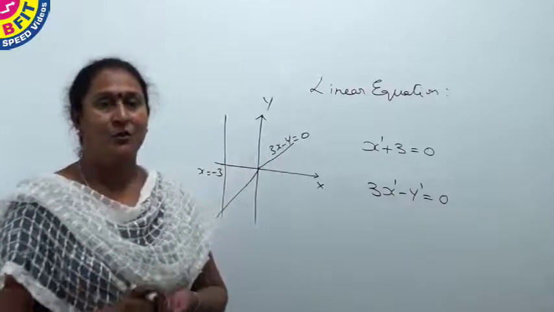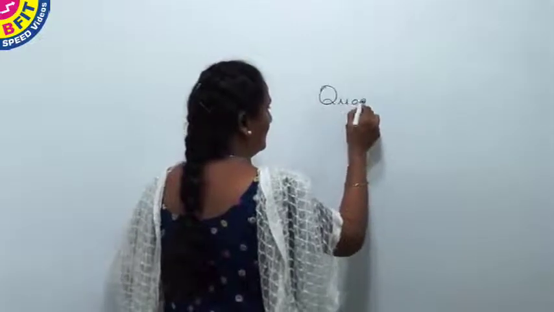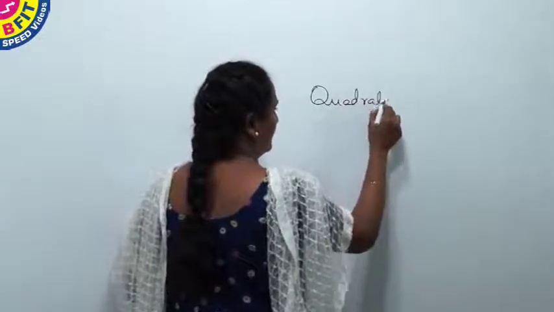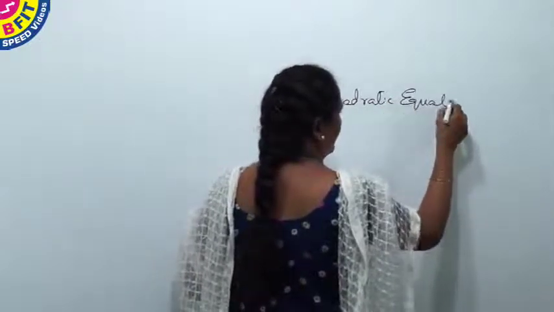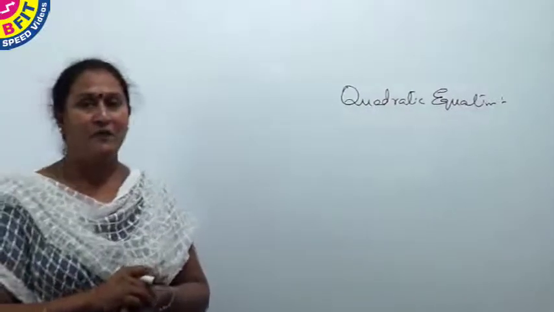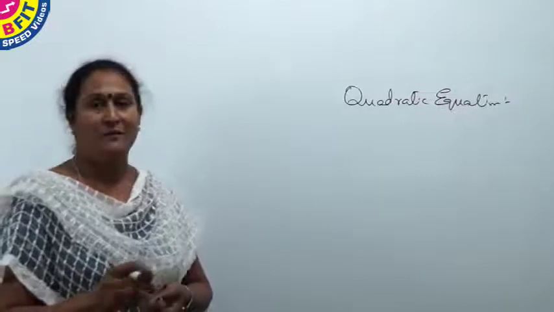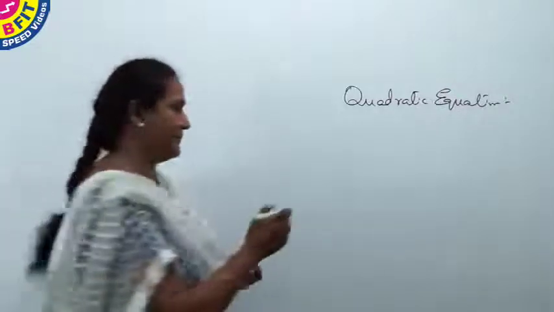Now we will see what a quadratic equation is. An equation where the highest power of a variable is 2 is termed a quadratic equation. We will see some examples.